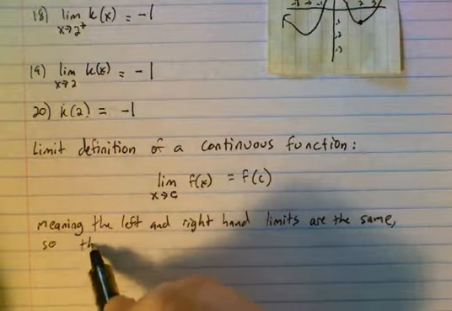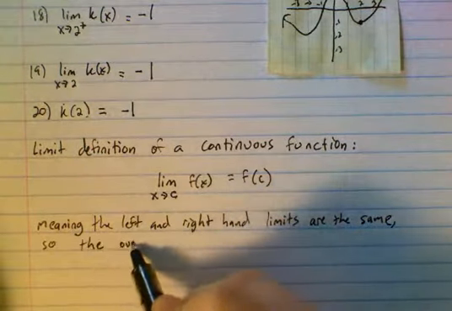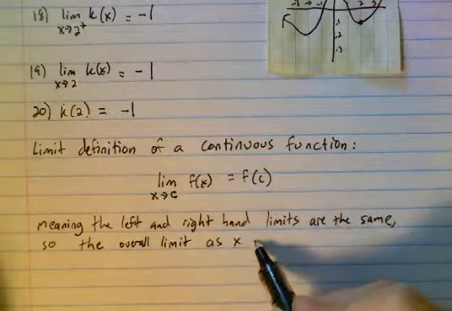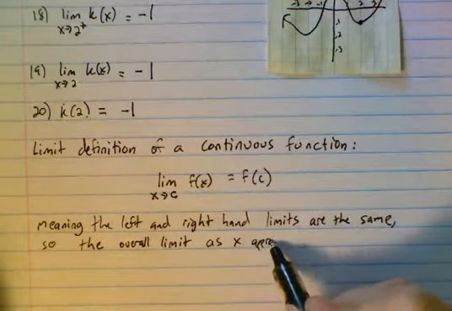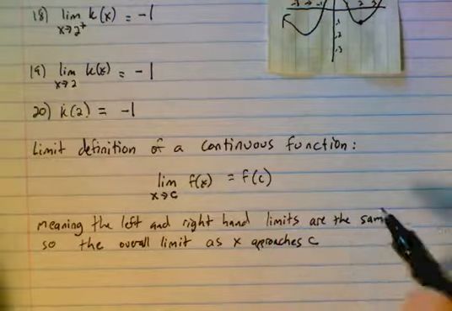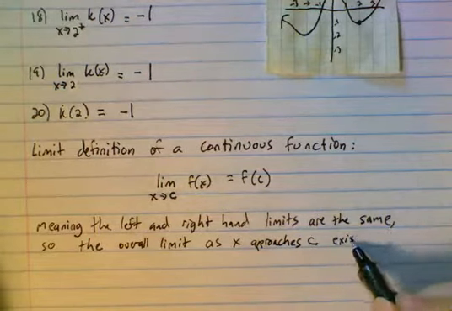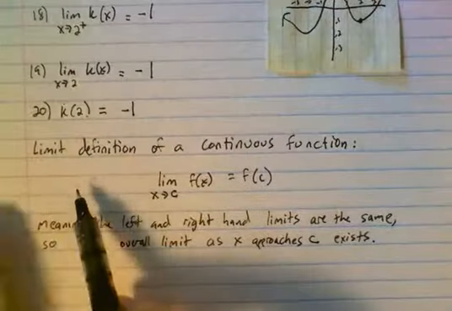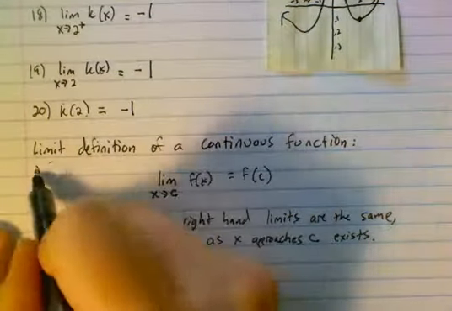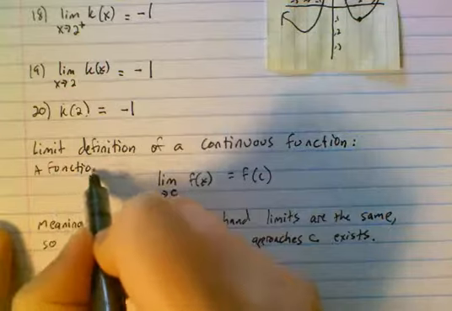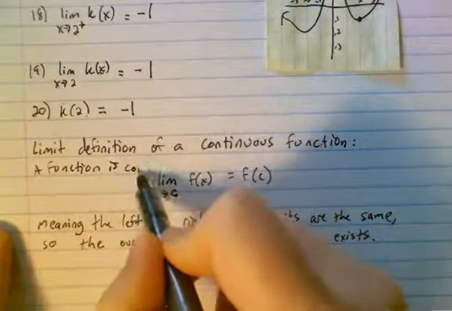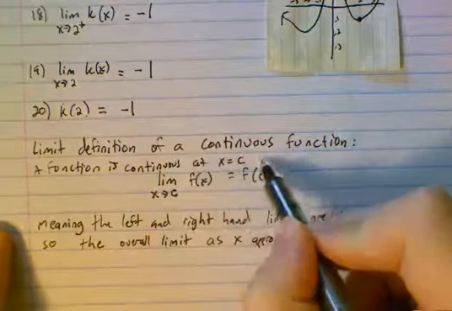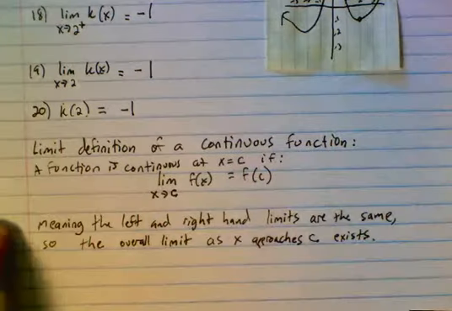So that the overall limit as x approaches c exists. I really should add in up here: a function is continuous at x equals c if the following is true.